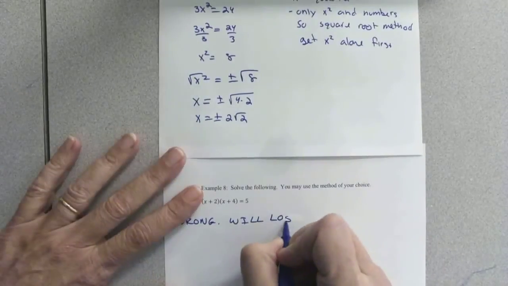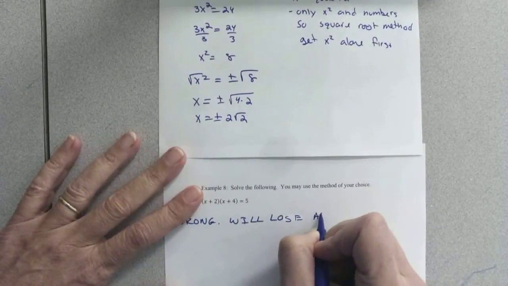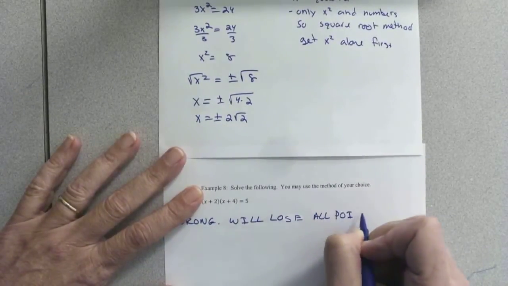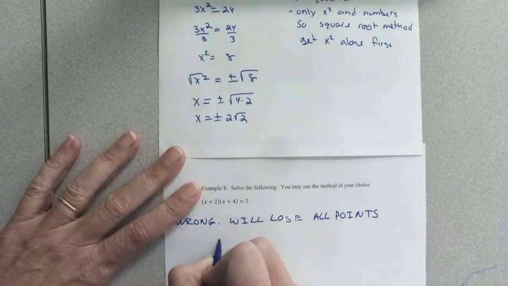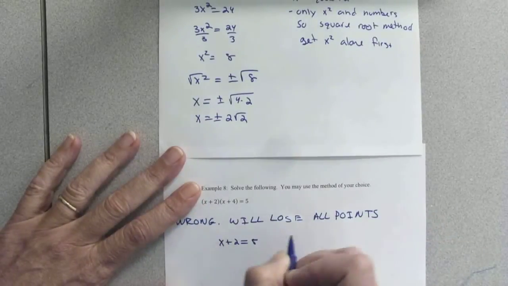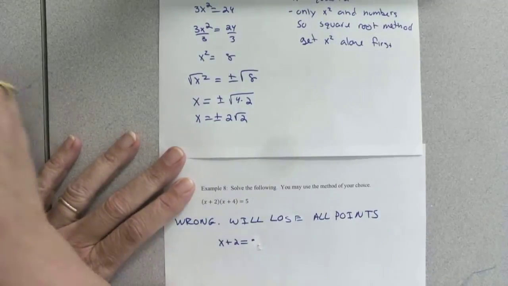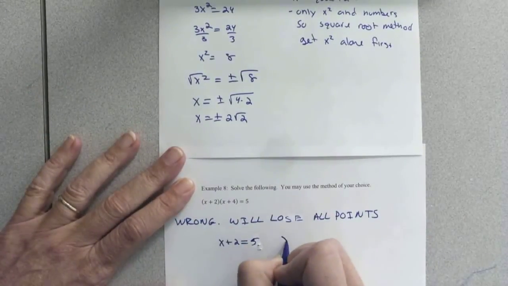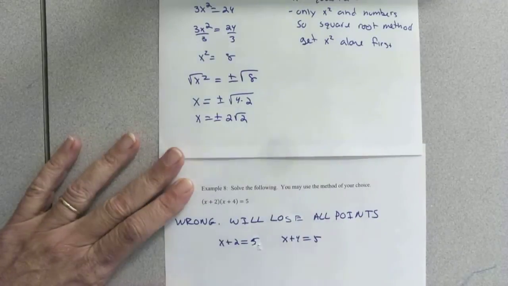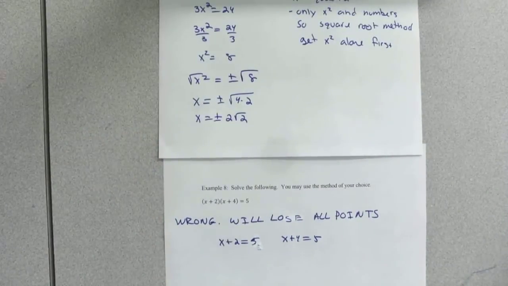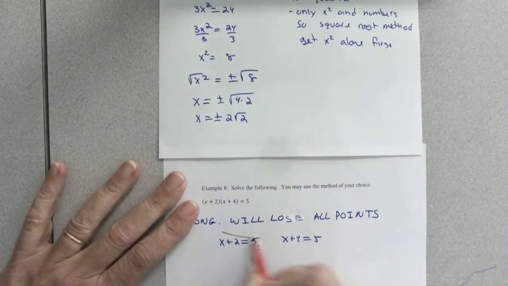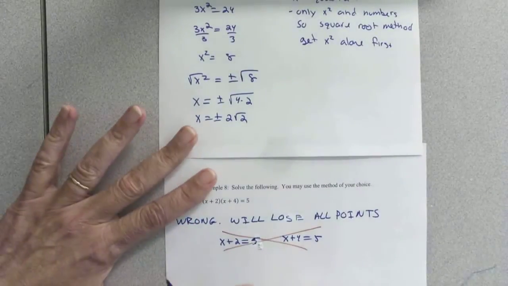Will lose all points. Anyone that says this, x plus 2 equals 5, x plus 4 equals 5. That's totally wrong. You will lose all the points. You can't do that. That is wrong.